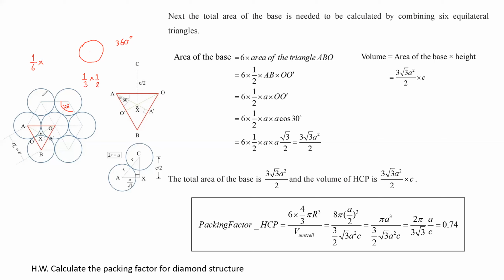So from the base, we have 1, 2, 3, 4, 5, 6. And at the top, we have 1, 2, 3, 4, 5, 6. So 6 plus 6 is 12. So we have 1/6 multiplied by 12. So this is 2. Okay.